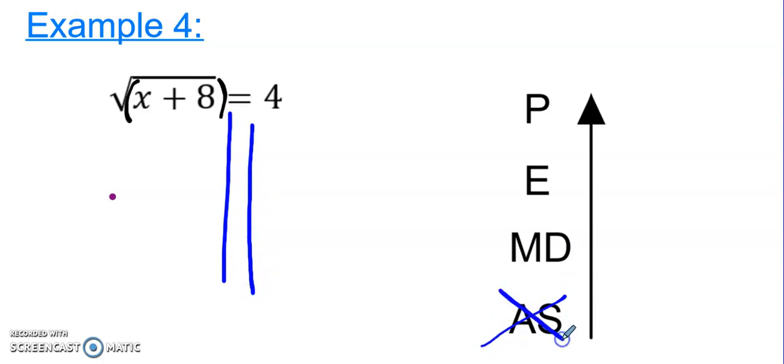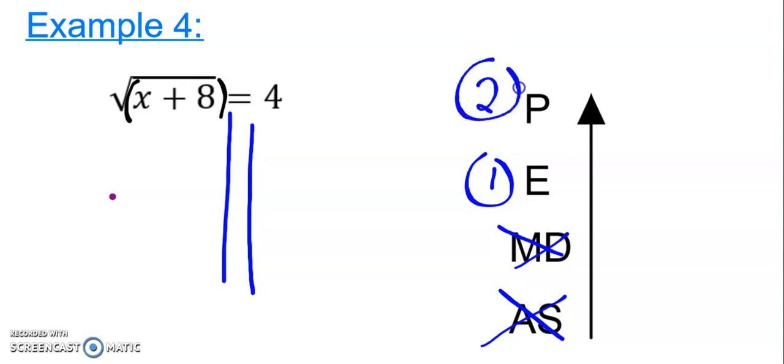So no adding and subtracting first. Nothing's being multiplied or divided. What we have here, we have to deal with the square root, which falls under the exponents, and then the parentheses. So the opposite of a square root is a square, which is why this falls under the exponent part first. So to undo the square root, we have to square both sides.